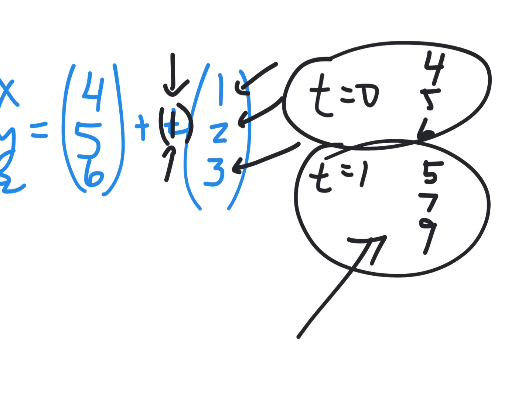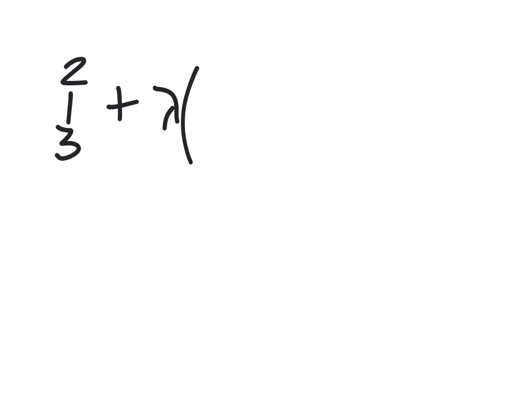So here's one example of that. It starts at 2, 1, 3, and it goes lambda, don't think it always has to be t, in 5, 1, 0. Okay, that's an equation. Here's another equation.